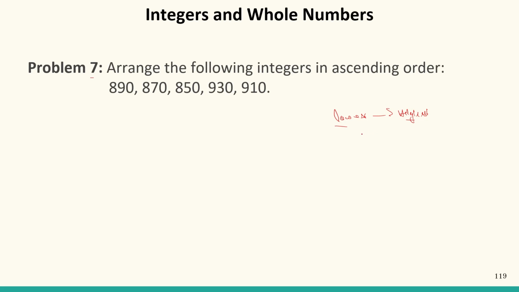It tells us to go from lowest to highest. So let's see which among these is the lowest one. 850 is the lowest, then 860, 870, then 890, then 910, and then 930. So this will be the ascending order.